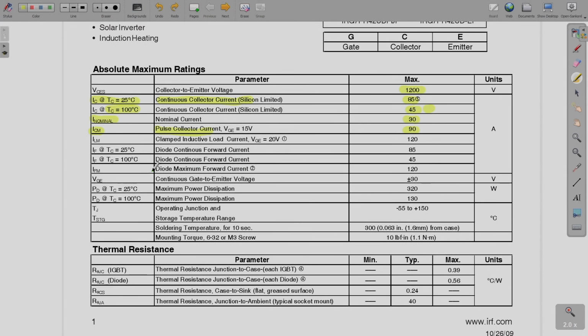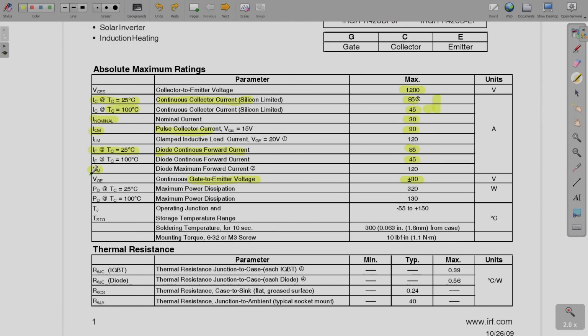Further important ratings that are given is IF, the forward current rating of the diode. Diode continuous forward current is given as 85 at 25 degrees C and 45 at 100 degrees C. So, this matches with these two specifications of what the IGBT can carry. Then gate to emitter voltage, the maximum allowed is plus minus 30 volt.